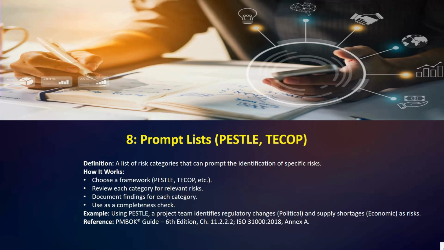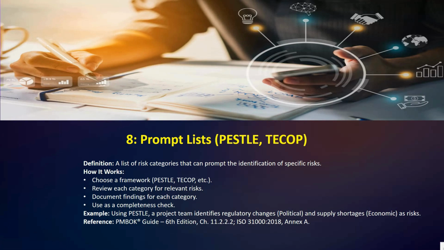Okay, so here you can see a list of risk categories that can prompt the identification of specific risks. Okay, so how it works: choose a framework, PESTEL or TECOP, etc. Review each category for relevant risks, then document findings for each category, then use as a completeness check.